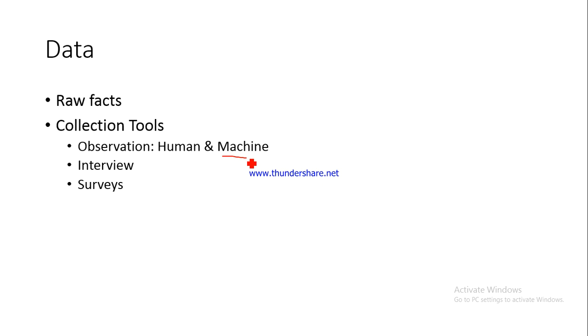Why? Because the machine is now making this observation whether a particular teacher is present or not, depending on whether he has punched in his attendance in the morning or not, right? So this is how machine observation takes place. Then I can convert this data to find out how many teachers arrive on time and how many teachers arrive late. This would become information, right?